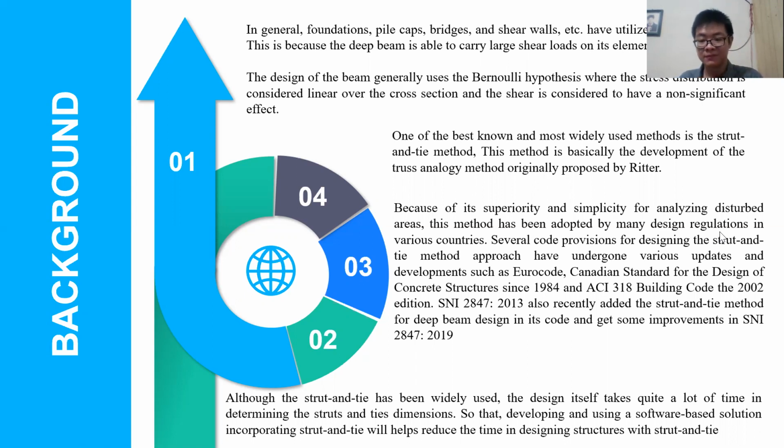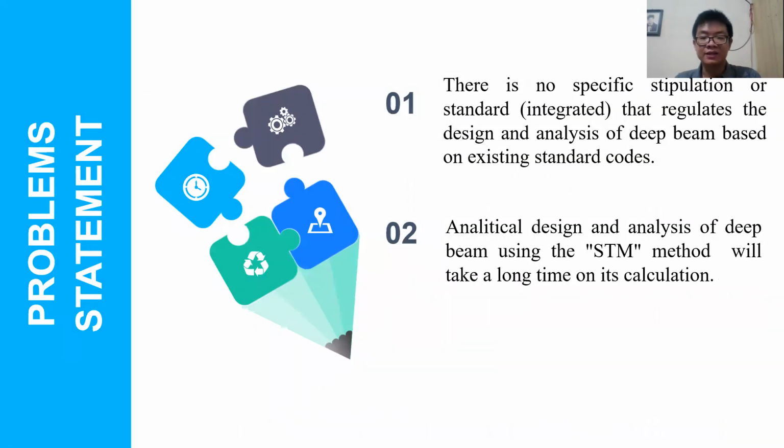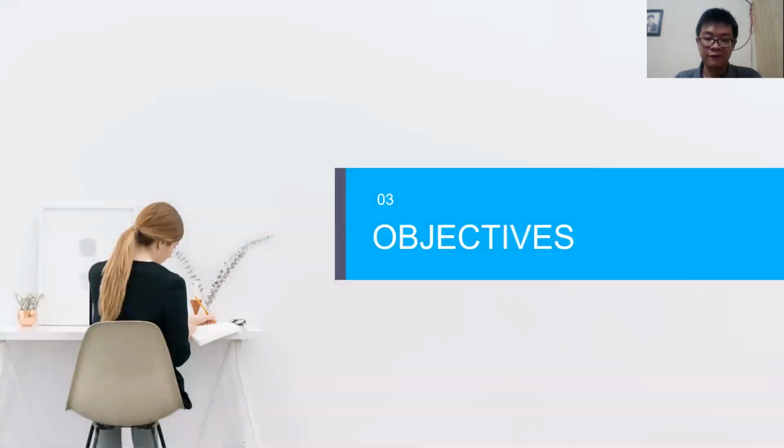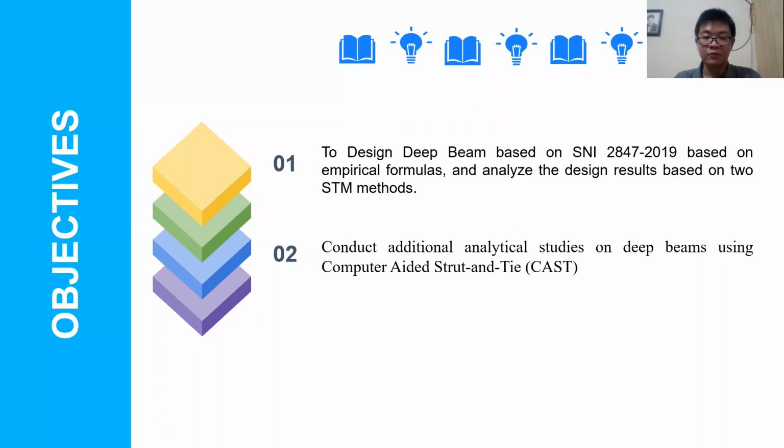From the description that I told before, we can conclude 2 problem statements. They can be seen in the slide. And from the problem statements, there are 2 objectives that we aim for in this paper.